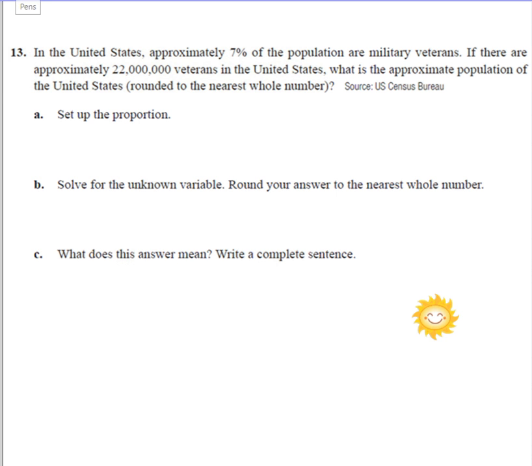So if we take a look at our problem, we see 7%, and again, that 7% is the same as the military veterans. And so when we look at our other number, the 22 million is veterans as well. So we know that the 22 million will be the same as our 7%. They'll both be the numerators, the top numbers for our proportion.